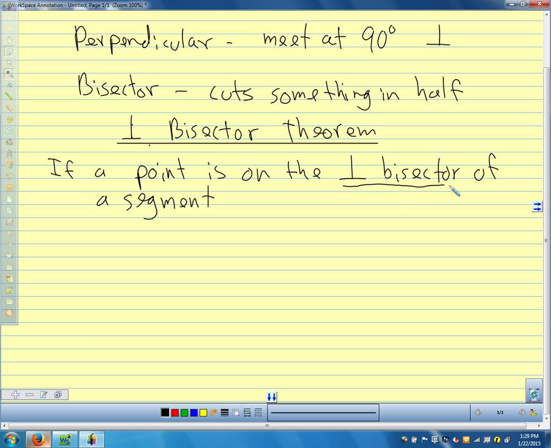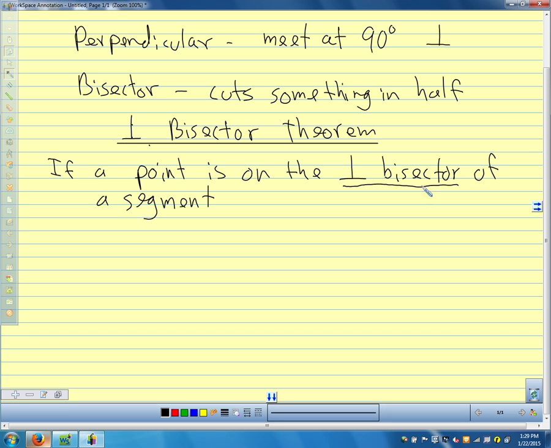and before we write the rest, let's think about what we're talking about when we're talking about a perpendicular bisector. What is our perpendicular bisector doing to the segment? Cutting it in half and making a 90-degree angle. So both things are happening. It's meeting our segment right in the middle at a 90-degree angle.